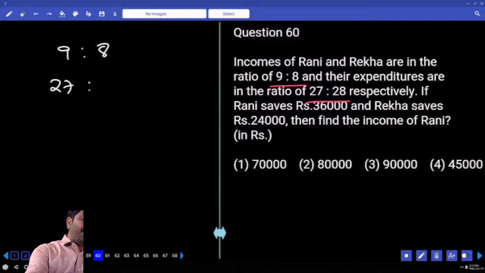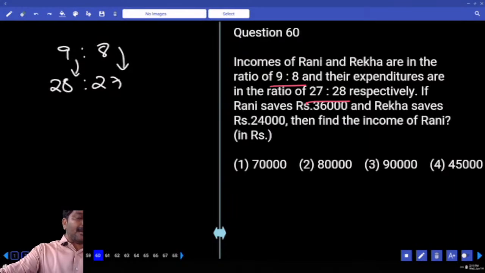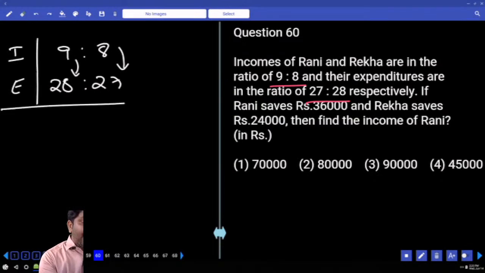For example, if instead of 27, 28 it is 28, 27, now tell me how many parts difference? 1. How many parts difference? So the difference is the same for income and expenditure, then the savings will also be the same.